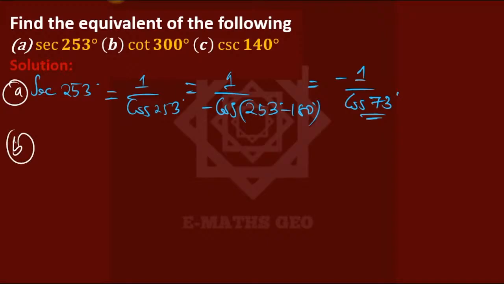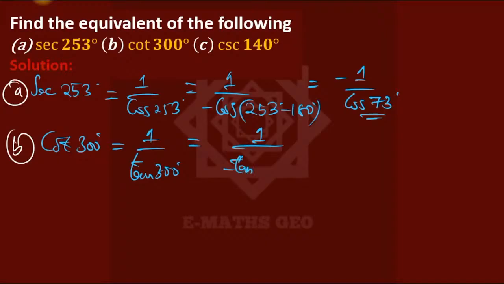The second one, we have cot 300. So cot is 1 over tan. And 300 is in which quadrant? Fourth quadrant. And tan is negative there, so I have minus tan. Only cos and sec are positive.